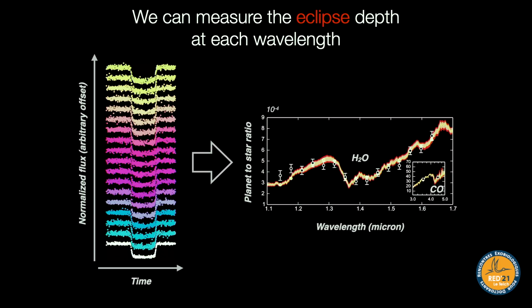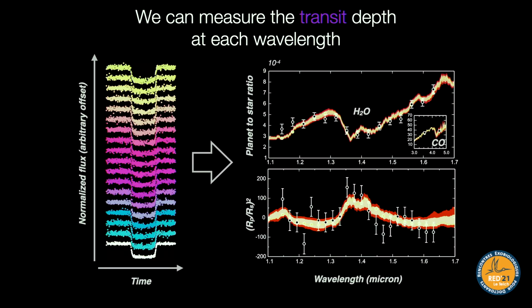And so indeed, if we do exactly that, so we take transit at different wavelengths. So here, again, this was for eclipses. Now I'm just going to look at transit, and I'm going to find again a spectrum, that is the spectrum on the bottom right, where I see just the size of the planet as a function of wavelength.